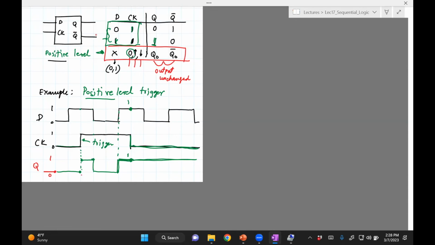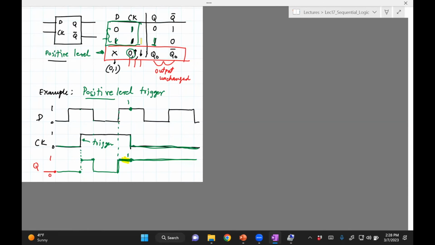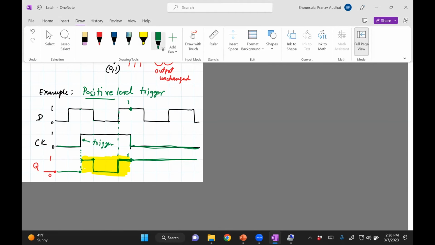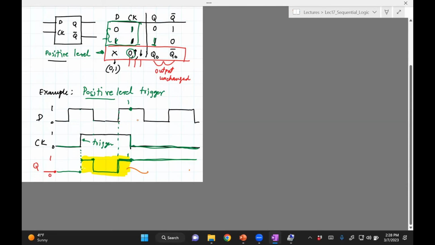Okay, so what I want to say is this part is where we see a change. This is triggered by CK equals 1, and then everything outside that is not triggered, because this is the region where you would expect it to be triggered.